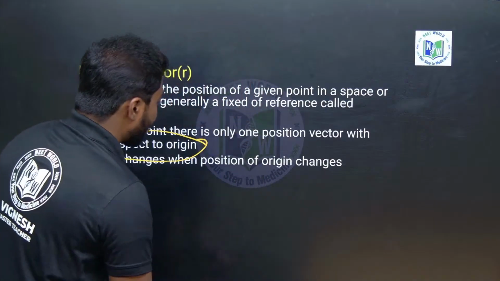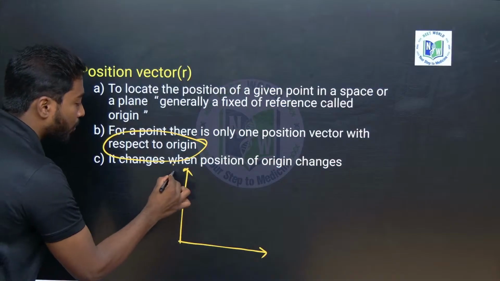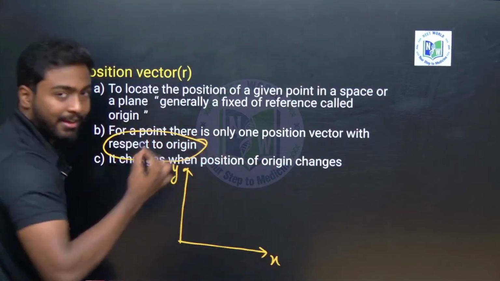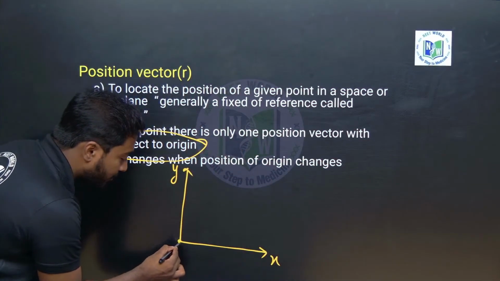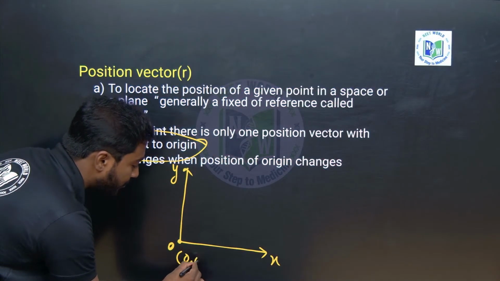So if I take this as my y axis and this as my x axis, this is my origin. I will name it O, which is (0, 0).